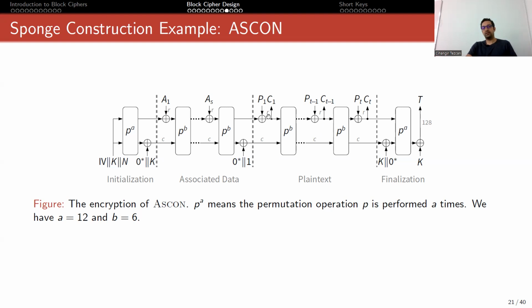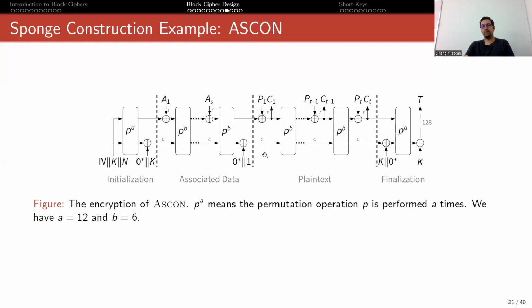So here, as you can see, there are two variables, R and C. R is called the rate because it depends on how fast you are producing output, right? If R is 64 bits, your rate is 64 bits, but then this capacity C determines your security because if you increase R a lot, then C decreases, and this actually might cause a security problem.